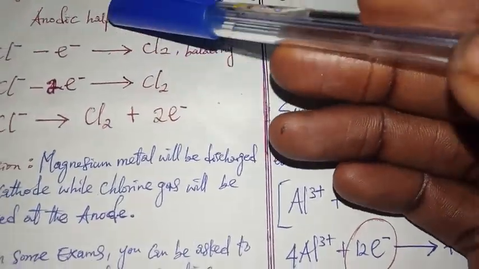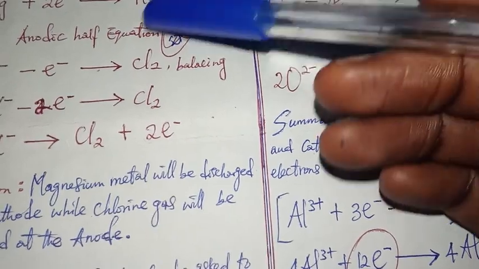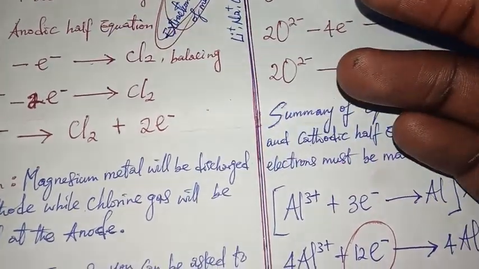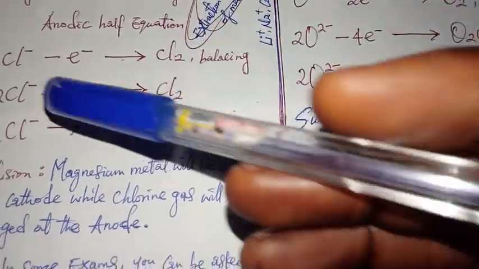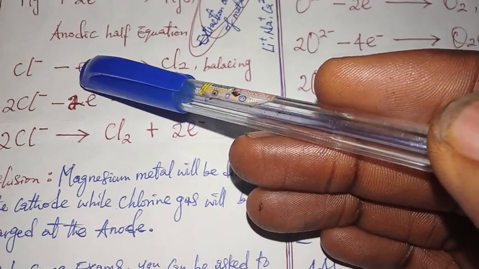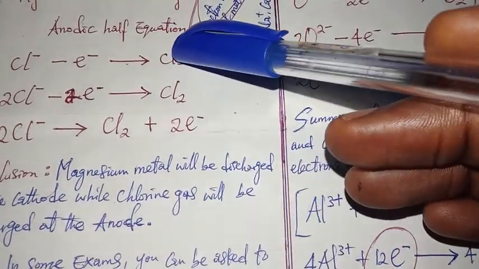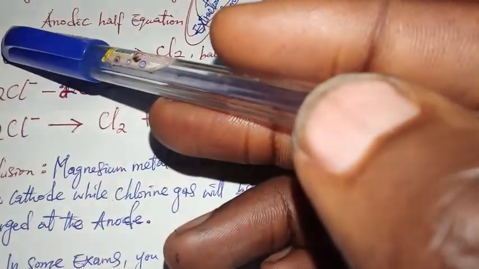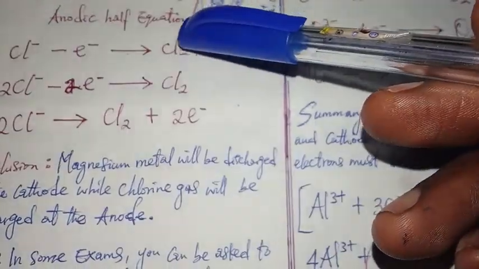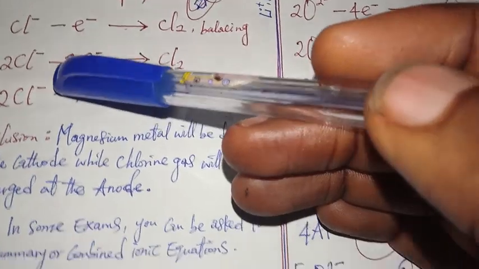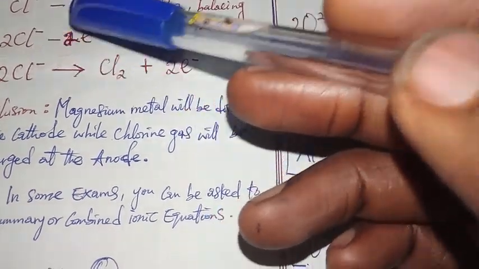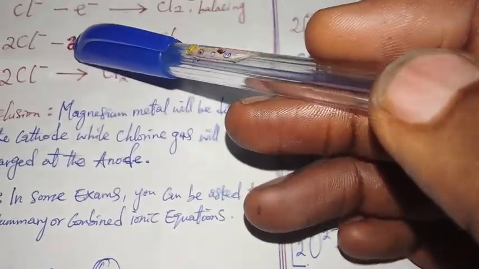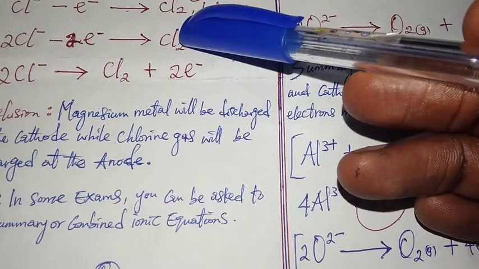As we move down to the anodic, where the chloride migrates to the what? Anode. We are going to write the anodic half equation, where chloride ion is losing 1 electron to form chlorine gas. When we balance the number of chlorine on the left and the right, this is going to lead to 2 chloride ions losing 1 electron each, which makes it 2 electrons, to form what? Chlorine gas.